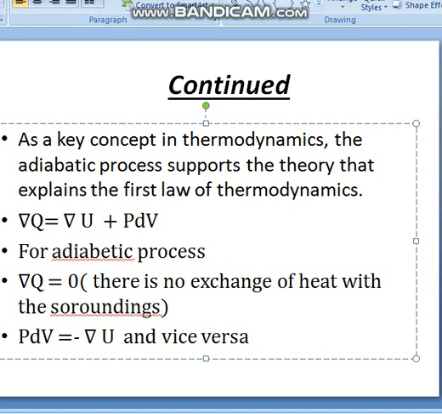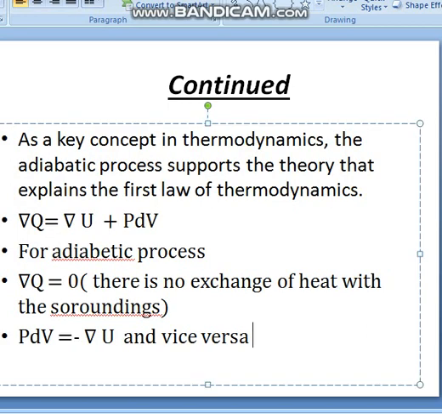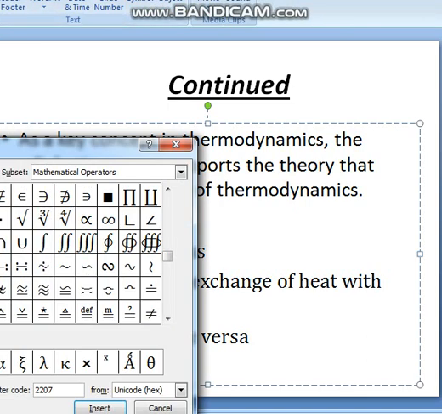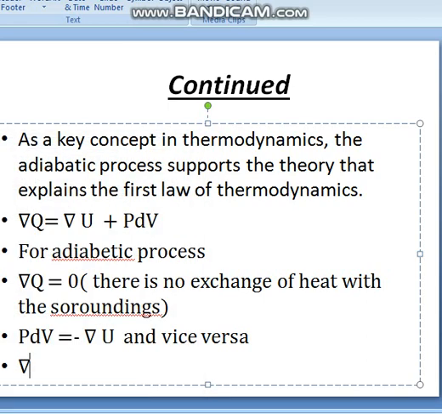In the second case, I can write the notation as dU is equal to minus PdV.